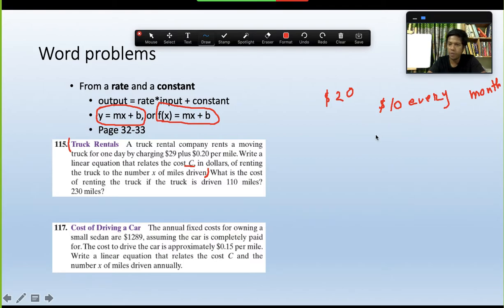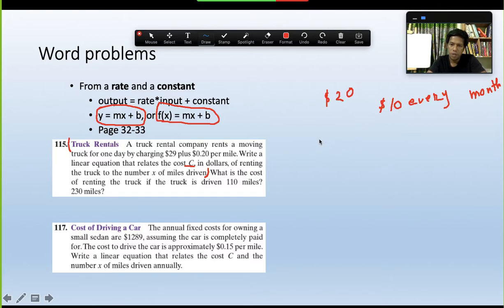Of course, you can do it manually: 6 times 10 means 60, 60 plus 20 gives $80. So after 6 months, you will have $80. But mathematically, how can we find an equation that represents the total amount of money after any number of months?